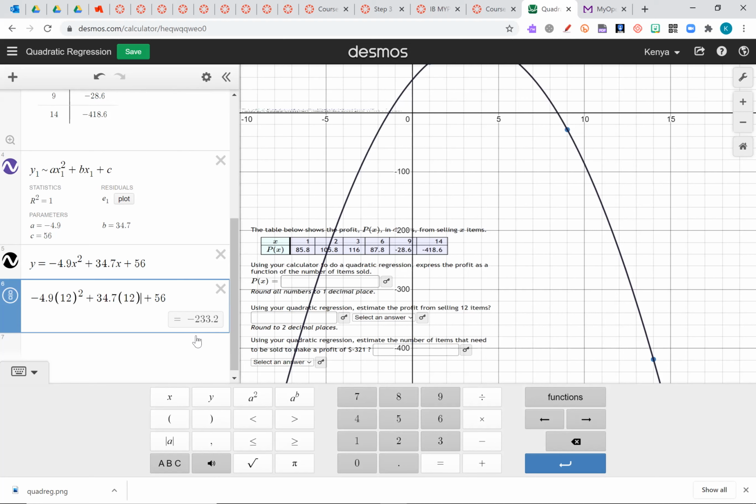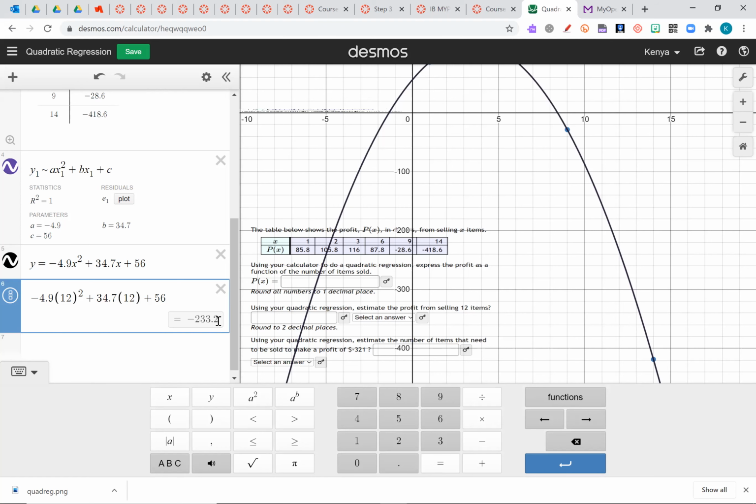Our profit is negative $233.20. Okay, so next, it actually rounds to two decimal places. In this case, we only have one here, so you would just put 20 for the two decimal places there.